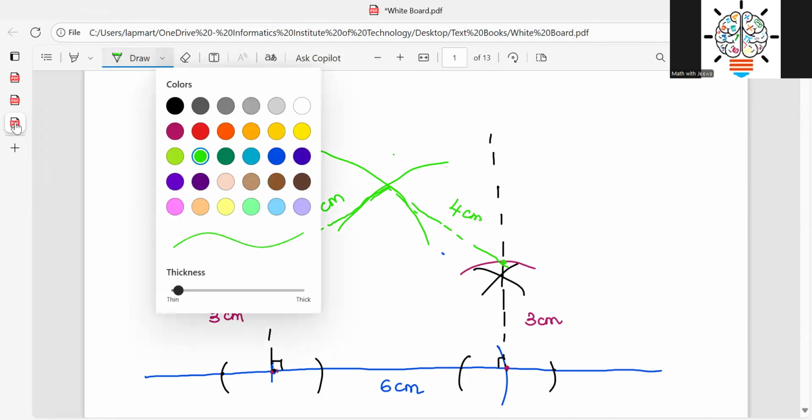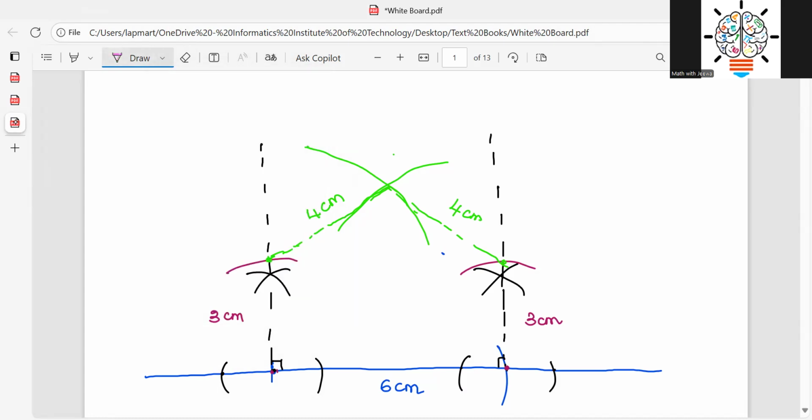I'm going to take a totally different color. Let's say this one. So then I take my ruler and I join them. Now I have the structure as it is.